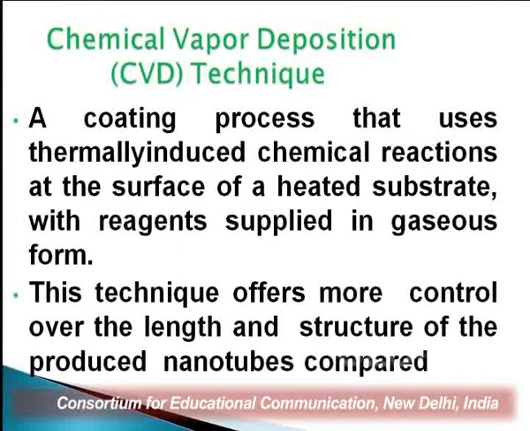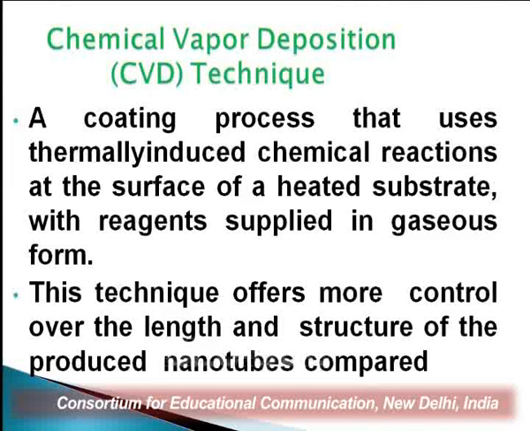First is the chemical vapor deposition method. This method is basically used as a coating process that uses a thermally induced chemical reaction at the surface of a heated substrate, with the reagent supplied in gaseous form. What happens here?